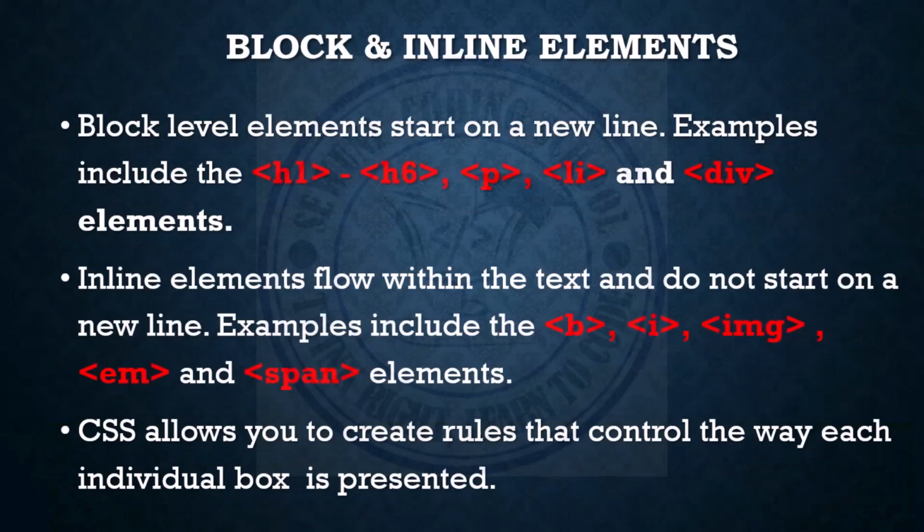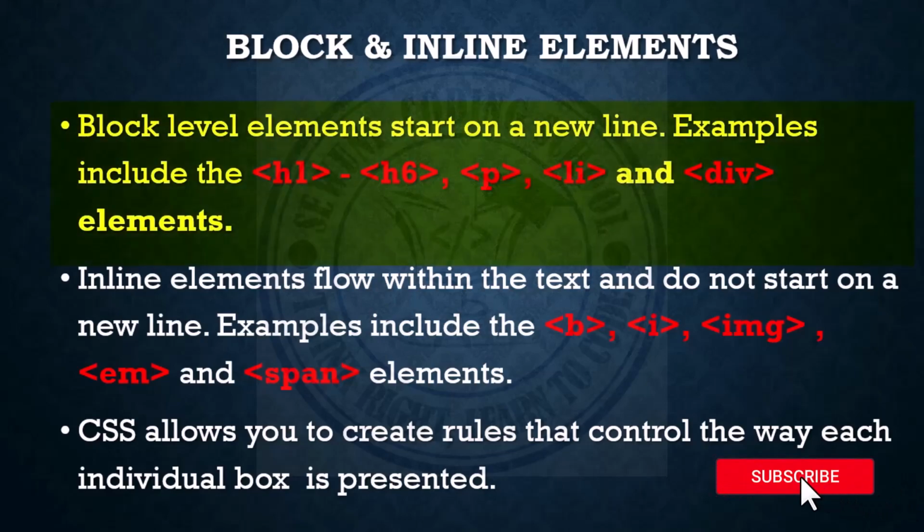Now, just like we do in HTML, in CSS too, we have block and inline elements. That's why we are trying to connect the HTML to our CSS. We explained in HTML that block elements start on a new line. Examples include our divs, our headings, our paragraphs, our lists.